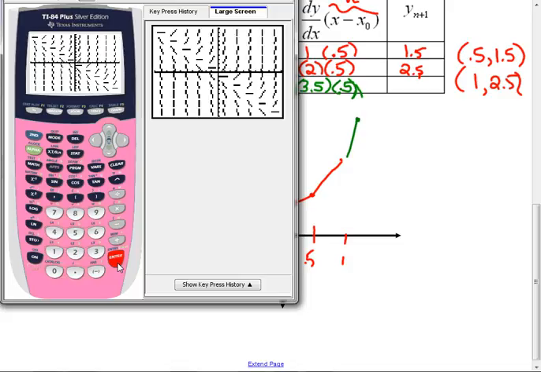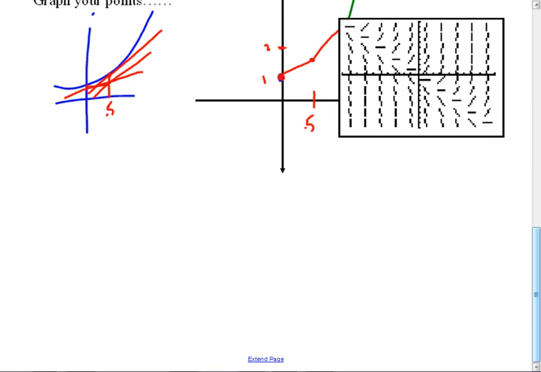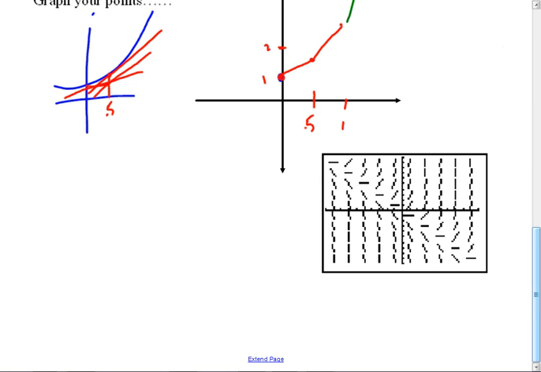Now remember, mine is magnified. Here is 0, 1. It's right there. And here is 1. You got to crunch it in together, but you can see what it's going to do.